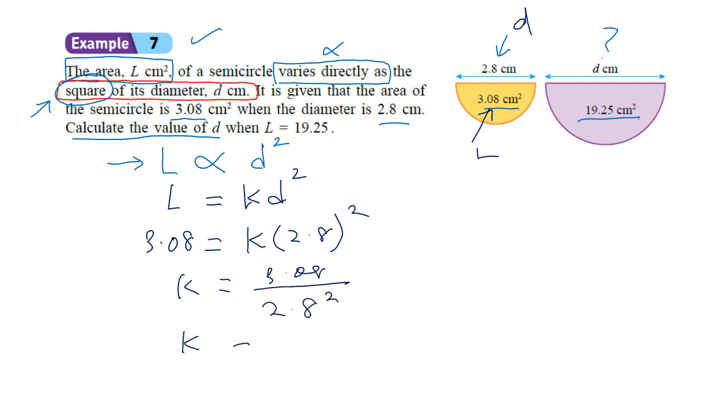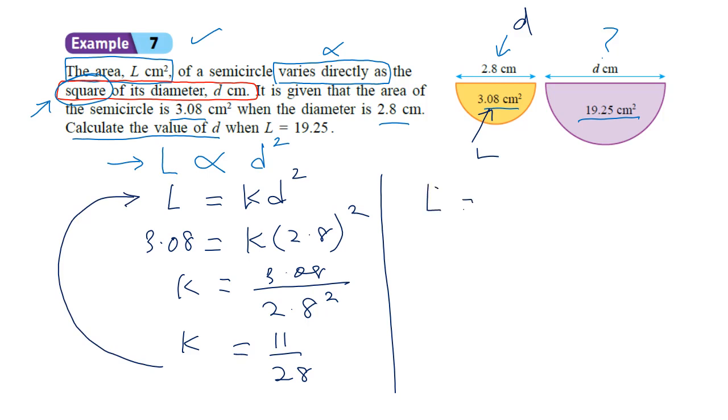You will get your K equal to 11 over 28. Yeah, this one is in a fraction form. So you write it back to this equation: L equals 11 over 28 D square.